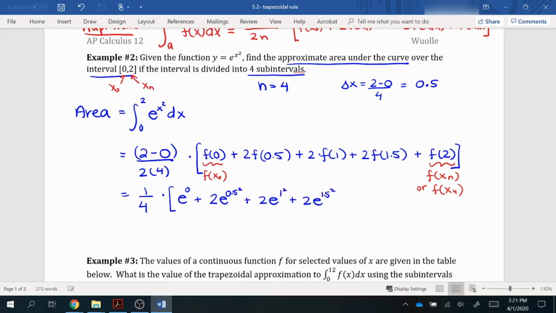You can square that too if you want, plus e to the 2 squared. You're going to want a calculator to figure all this stuff out in the square brackets. If you plug all that into your calculator, you should get 82.578. So in total, this gives us 20.645 units squared.